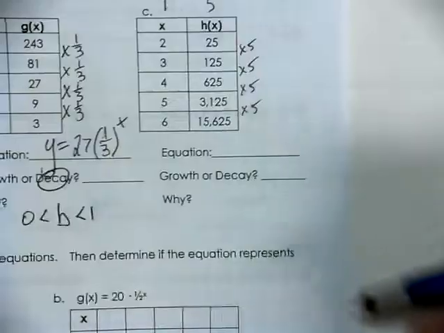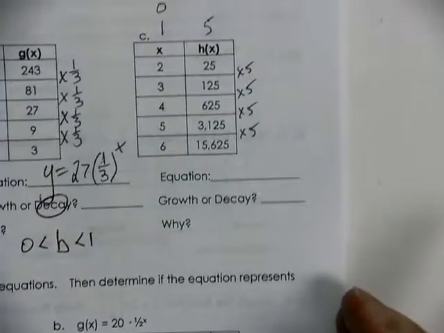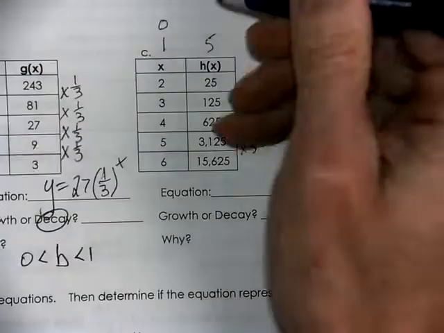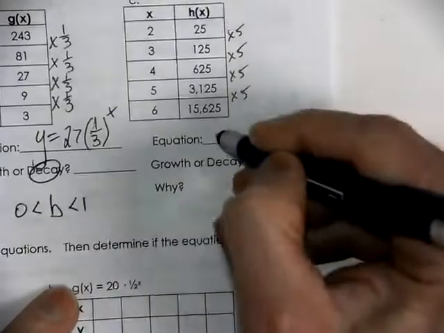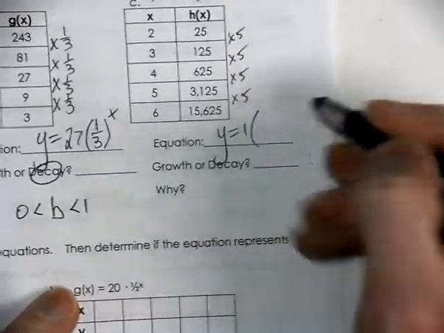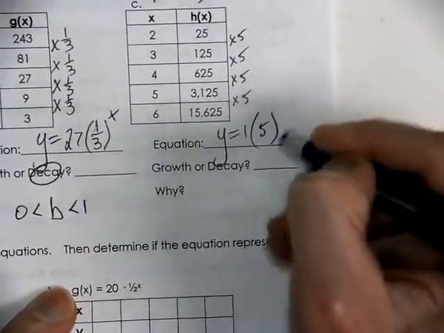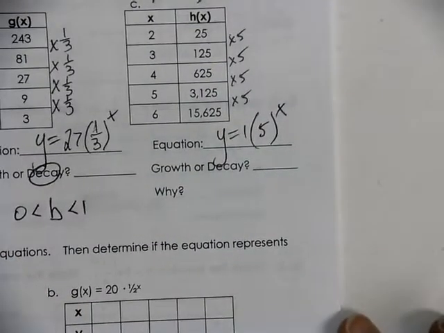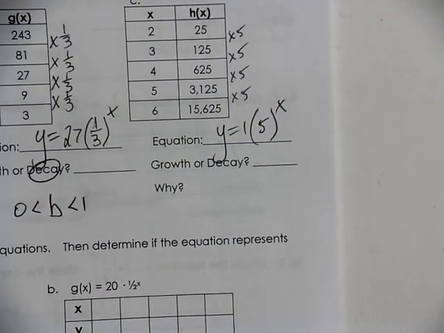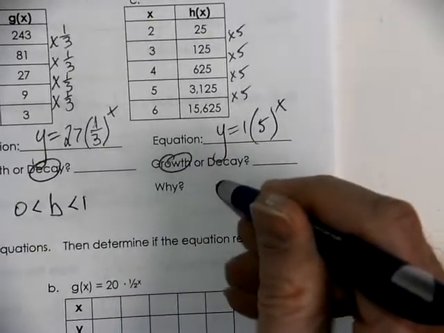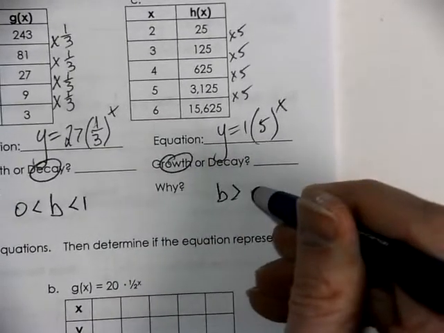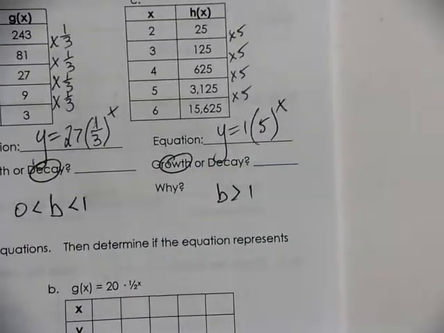And then to get to the 0, you would divide the 5 by 5, and that would give you 1. So our equation is going to be y equals 1 times 5 to the x power. You don't really even need the 1. It's just y equals 5 to the x power. This would be considered exponential growth because the common ratio is greater than 1.